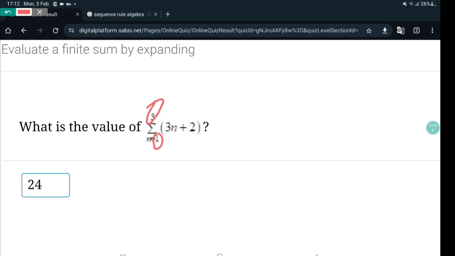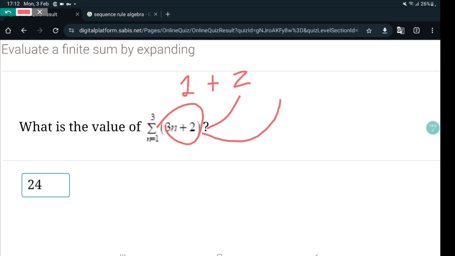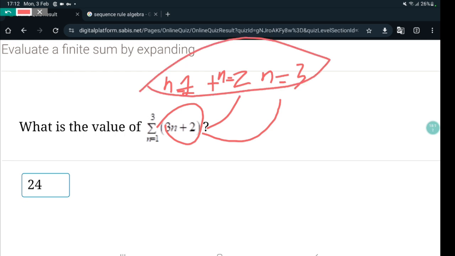We do this equation with n being 1, plus this same equation with n being 2, plus this same equation with n equal to 3. All of them are added to each other. If you add all of them together, you'll find the answer.